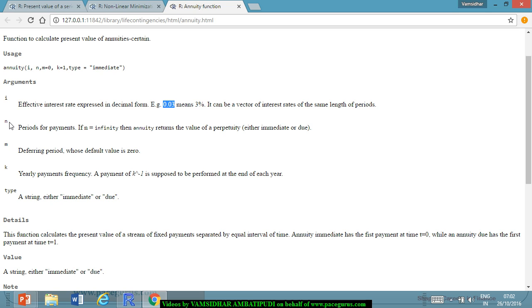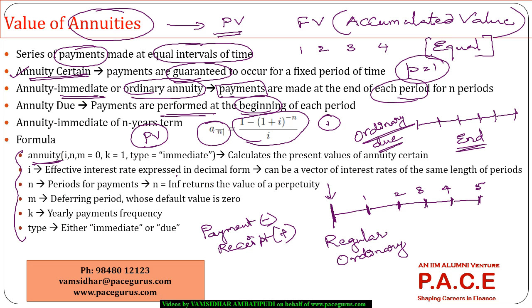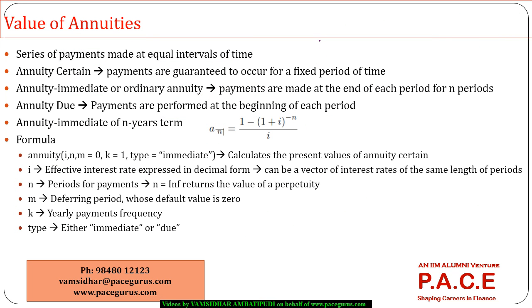Then we need to provide n, which is the period for payment. How many years is this particular annuity going to be paid or received? What is the period of this annuity? n is the number of periods. If I set n as infinity, then that annuity we call a perpetuity.